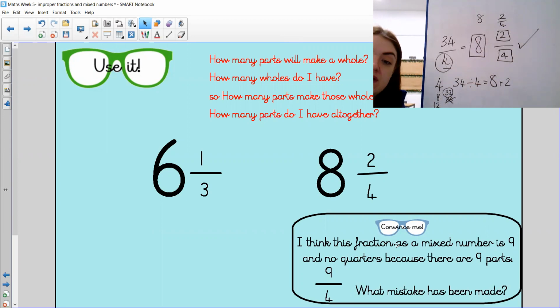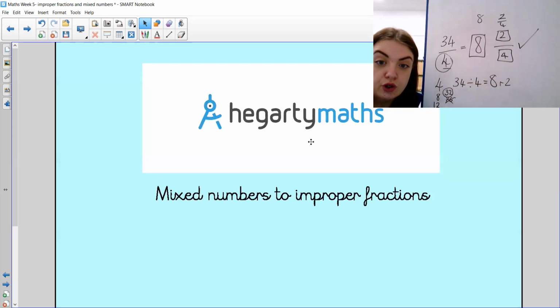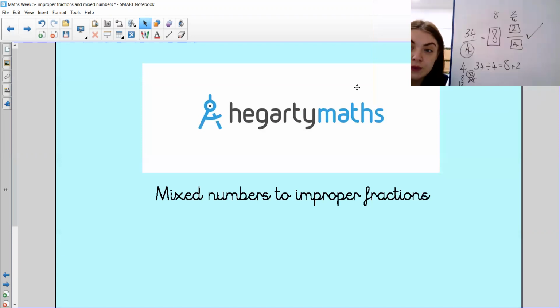If you think, Miss Sanson, I'm not quite ready for that, I just need to keep practicing so I can get the hang of this method, converting, then you can head on over to your Hegarty Maths. I've set you mixed numbers to improper fractions. It's just a way to generate lots of questions so that you can keep practicing this method.